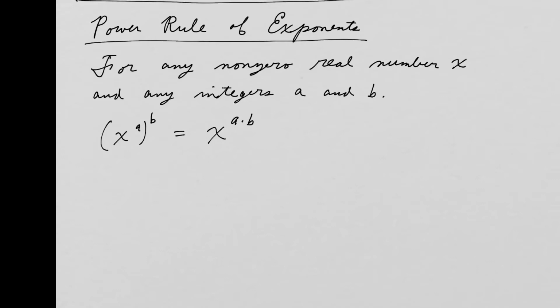So x to the a all raised to the b is equivalent to x to the a times b.